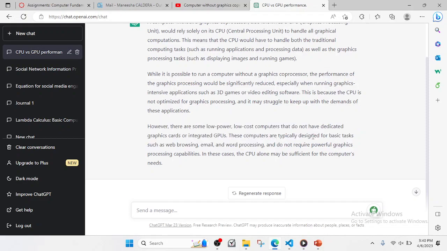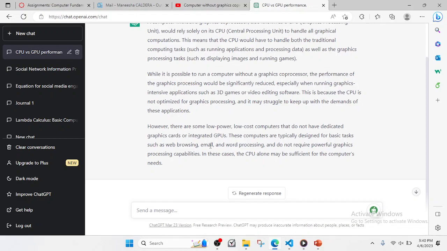These computers are typically designed for basic tasks. All right. Now we divide into two parts. Very first thing is we understood, all right, if there's a graphic processing unit or GPU, that means it's mainly focusing on upgrading the graphic work. But without the GPU, we can still work very well, on ordinary things like browsing, typing something, likewise.